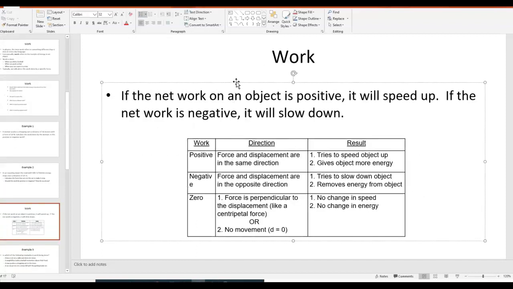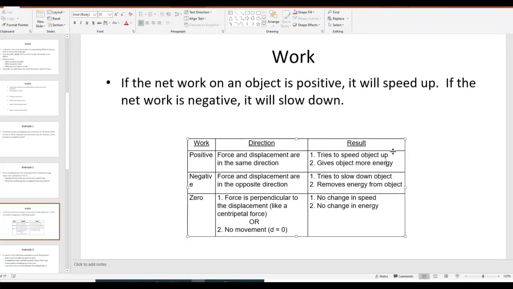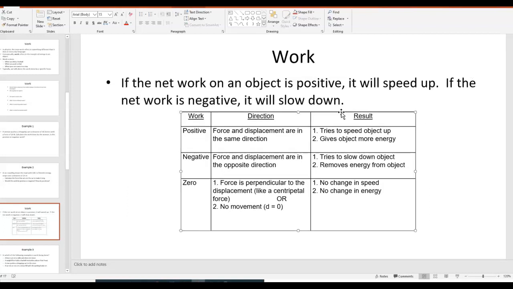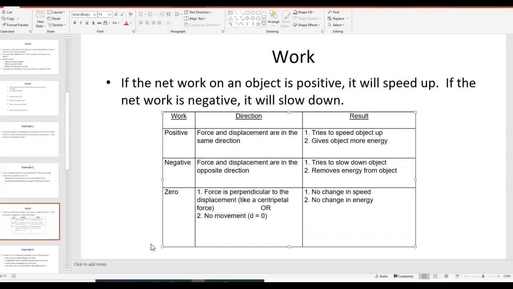This chart just summarizes what we talked about as far as work goes, positive work, negative work. One more thing you need to know, and I would definitely add this to your notes, is if you look at the bottom, basically you can have positive work, negative work, or zero work. Now it is possible for a force to do no work on an object.